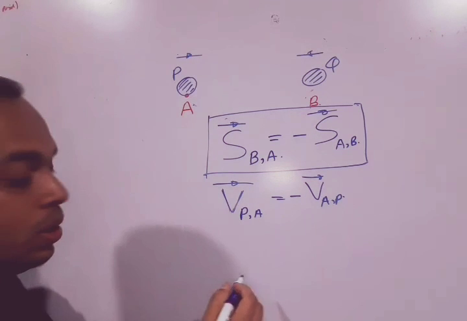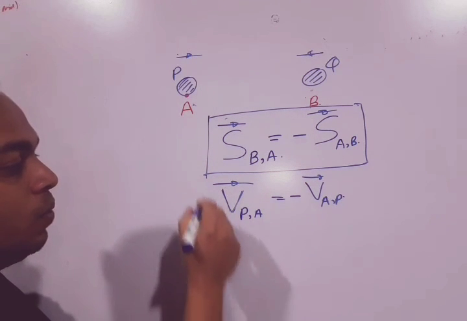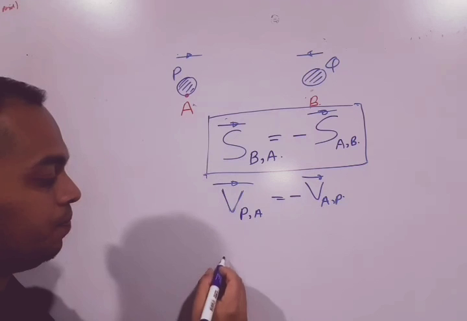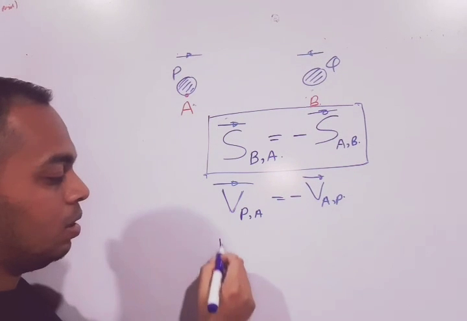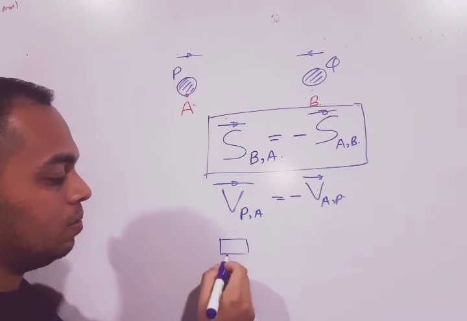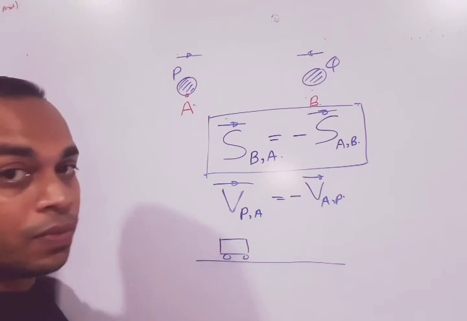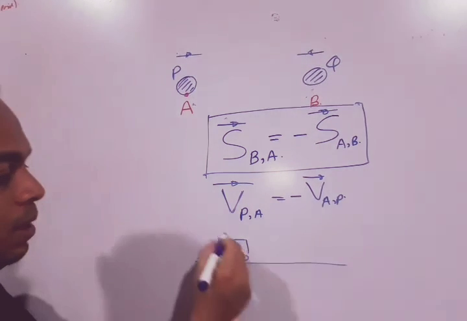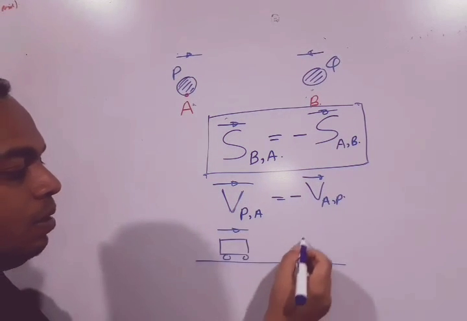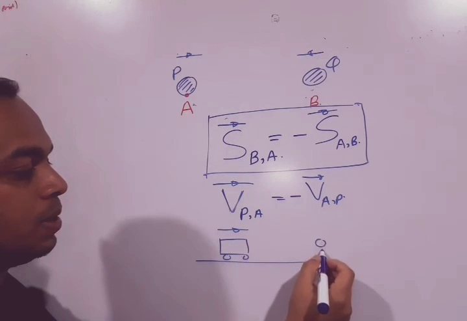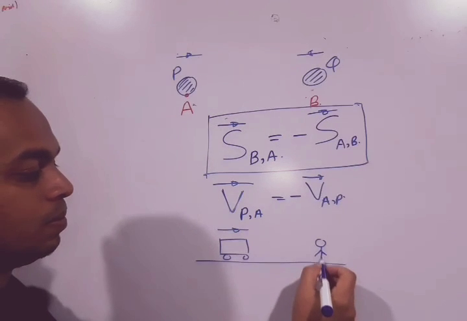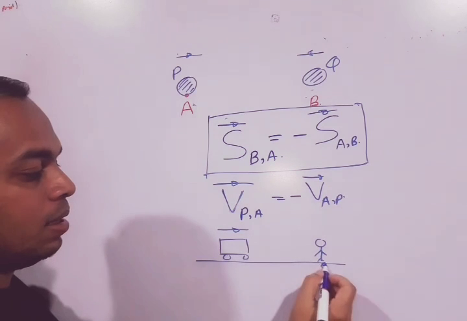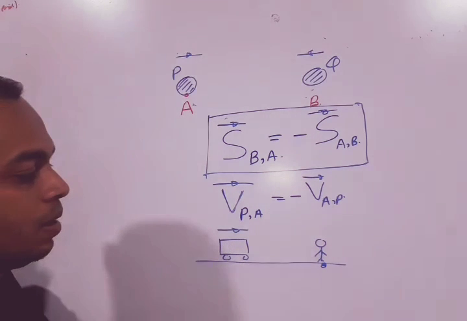If I were to give you an intuition on this, suppose that you are in a vehicle, and you are moving in this direction, and there's a person here standing at this fixed point.